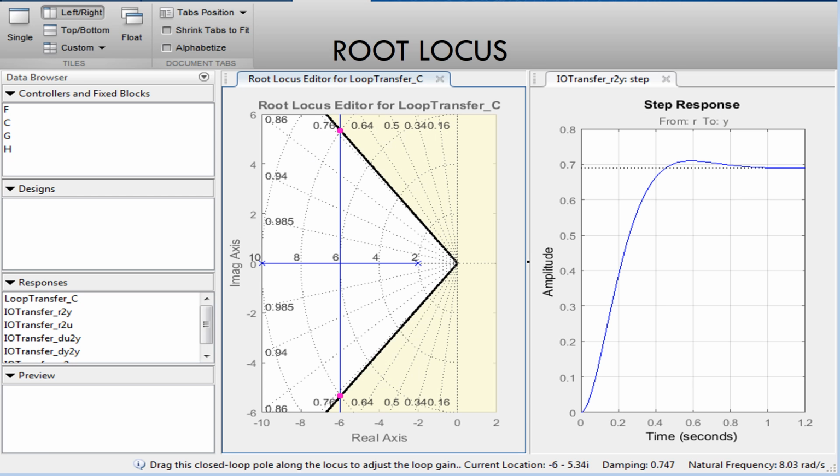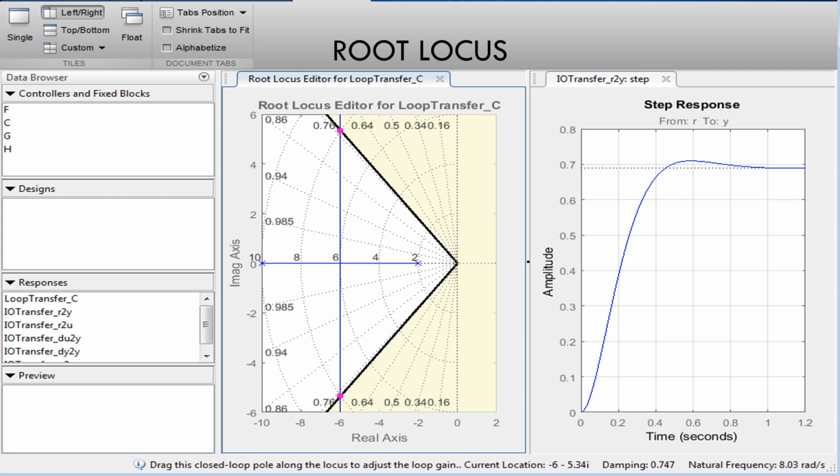On this next slide, you can see I've opened up the root locus and have moved my points to the boundary conditions where my 2% overshoot is located. On the right, you can see the new response of the system. It is important to note from this slide the damping ratio, zeta, down at the bottom right, and the natural frequency, just to the right of zeta.